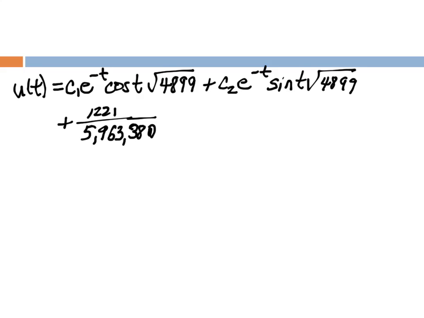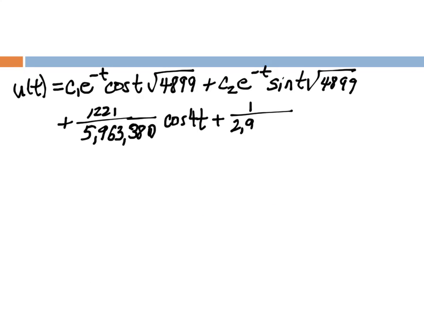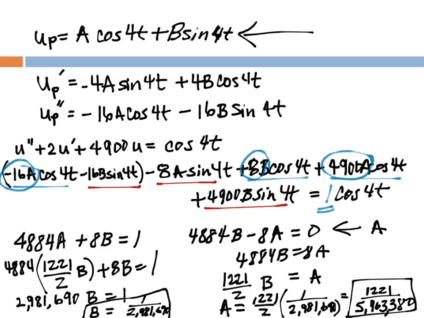Was this one sine or cosine? Cosine first. All right, and then plus 1 over 2,981,690.